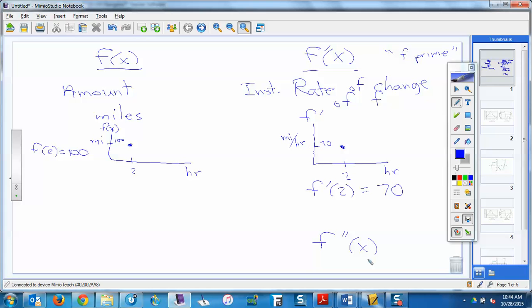Okay? From your science, what's the most famous negative acceleration? Gravity. Negative 9.8 meters per second squared, or negative 32 feet per second squared, right? It's negative because of its direction, not because of speeding up or slowing down.